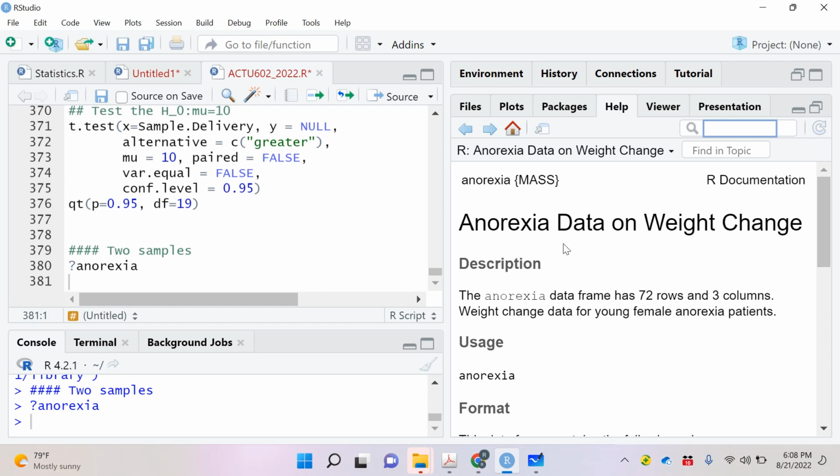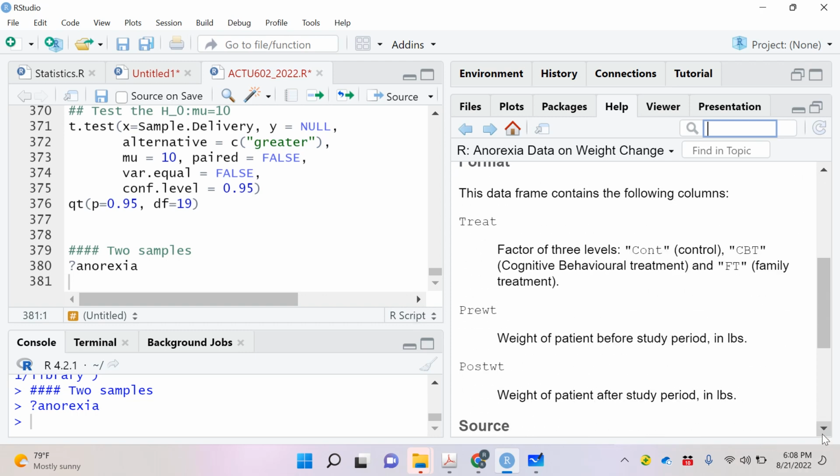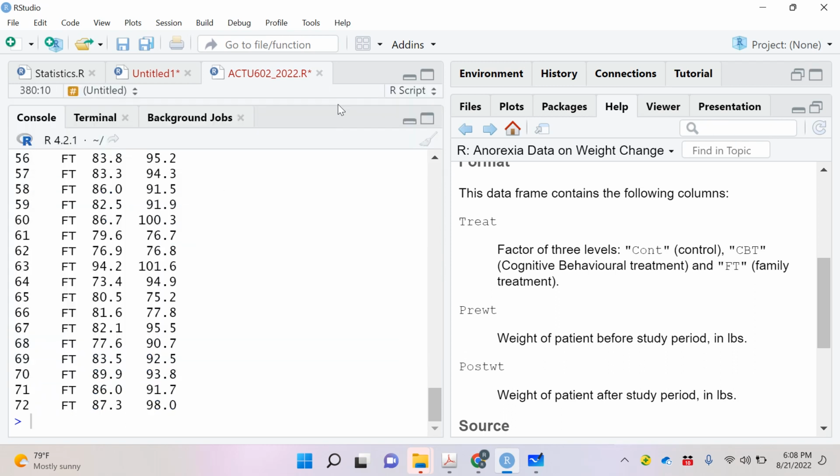So this is data on what? Weight change, right? We've looked at this data before. It consists of 3 variables: treatment, pre-weight, post-weight. Now we can display this data in R to see how it looks.